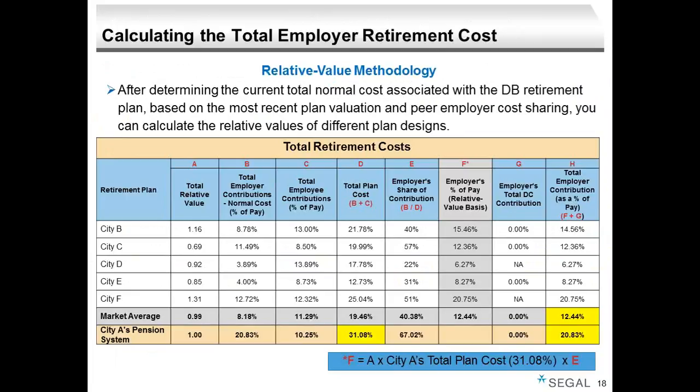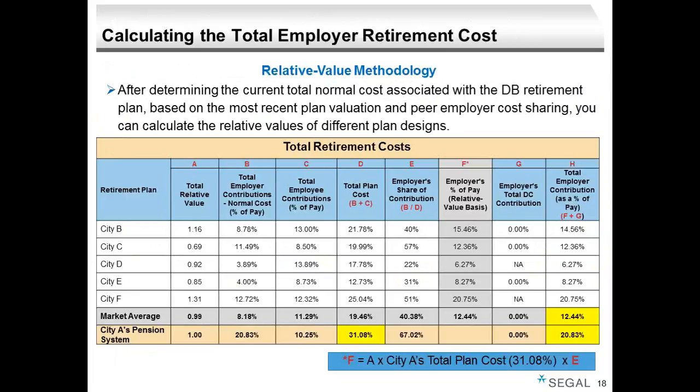And you'll see that in the lower right-hand corner. So let's just stick with City B, for example. City B calculation is City A's cost 31.08% times the relative value of 1.16 times 40%, and that gives us the 15.46%.